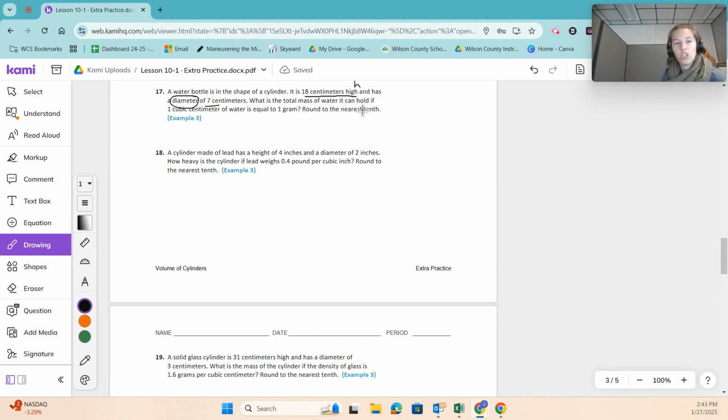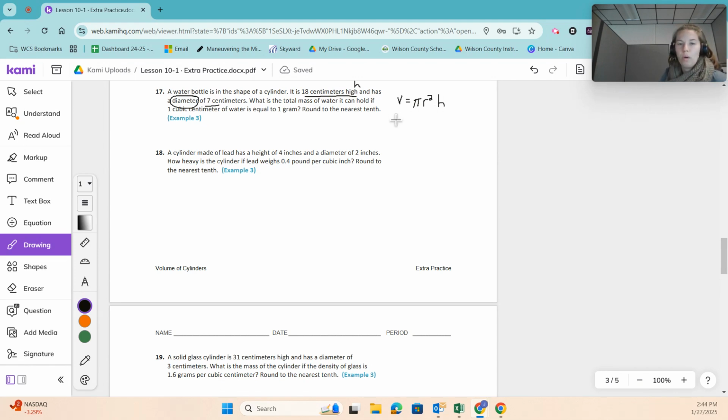Okay, so we are going to take a look here. And again, volume equals pi times radius squared times the height. Okay, we're going to pay attention to this first part. We're going to find the volume first. Then we are going to turn that into mass, although 1 cubic centimeter is equal to 1 gram, so we won't really have to do any conversions there because they're equivalent.